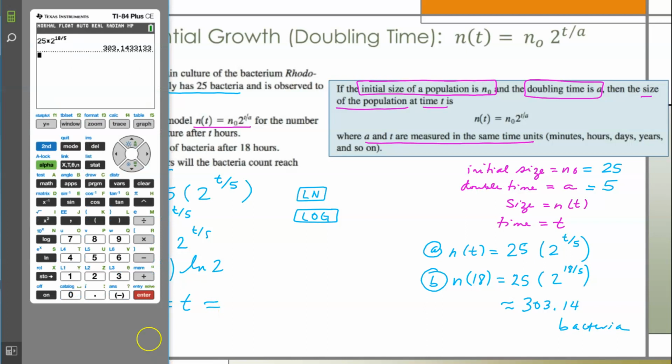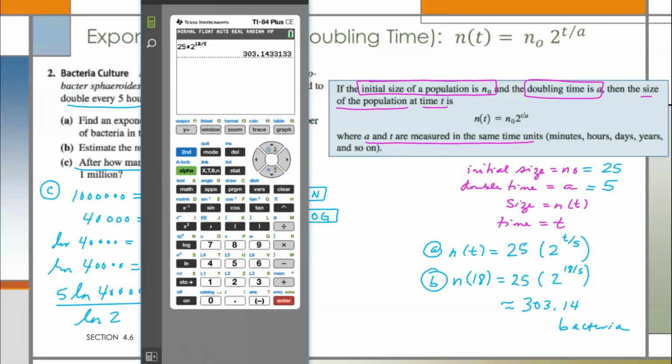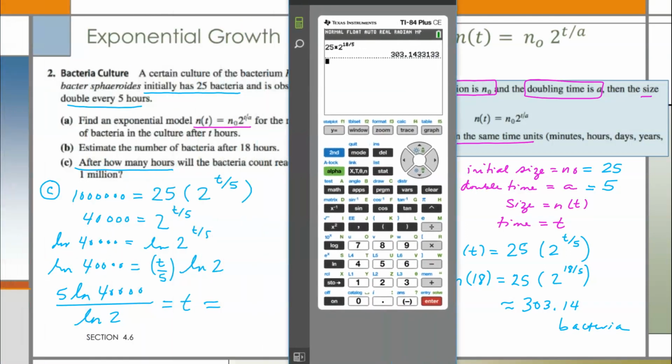Okay, so let's get that put into our calculator. We have in the numerator, so I'm going to use a set of parentheses to make sure this entire thing stays up top, ln of 40,000 times 5, divided by the ln of 2.